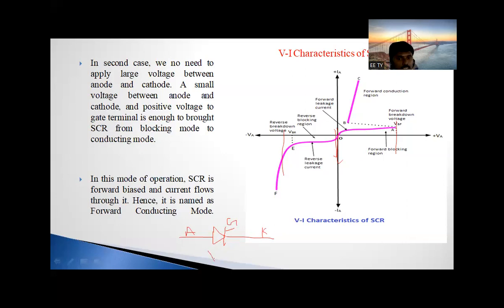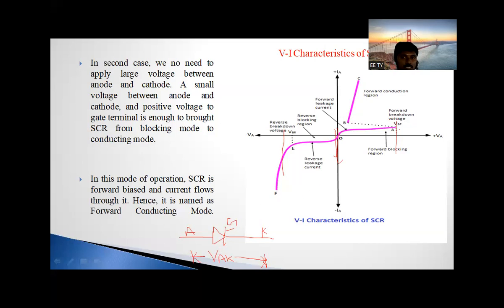The voltage across the anode and cathode, again I am repeating, the voltage across the anode and cathode only. What will it be? It will become zero or nearly so. I said in the first lecture, if a switch is turned on, the voltage across it is zero. So when the thyristor is turned on, it acts as a closed switch, and the voltage across a closed switch is zero.